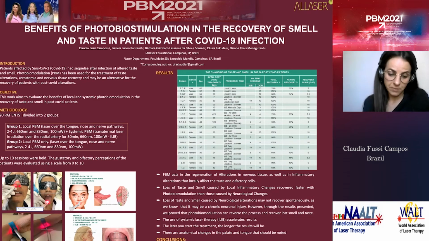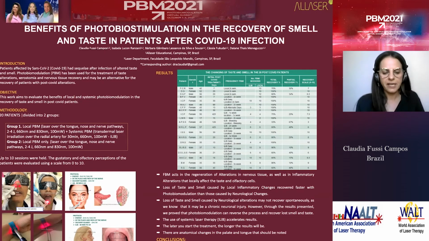This work aims to evaluate the benefits of local and systemic photobiomodulation in recovery of taste and smell in post-COVID patients. Twenty patients who, after the contagion period, remained with changes in taste and smell were selected. The time between infection and treatment with PBM was variable.